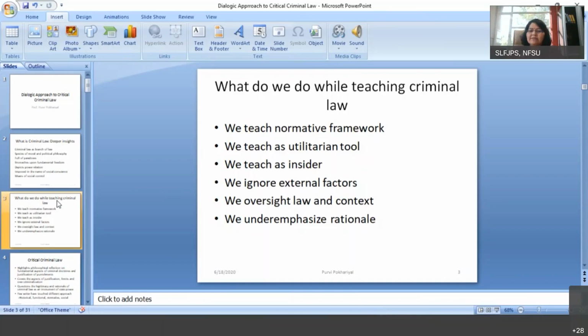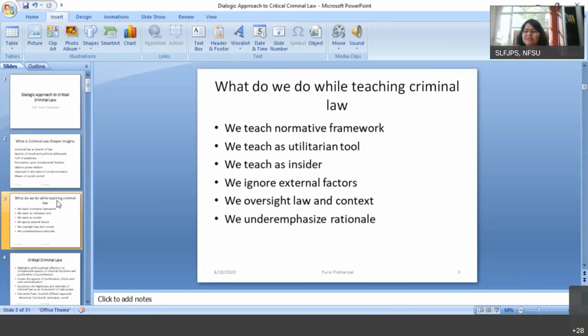And most of the time we underemphasize the rationale: why do we punish, what is the purpose of punishment, what is the purpose of criminal law, to whom criminal law is addressing, whether criminal law is serving any purpose. Despite having a plethora of laws, whether the crime rate has ever decreased, whether the criminal law has any kind of deterrent effect.